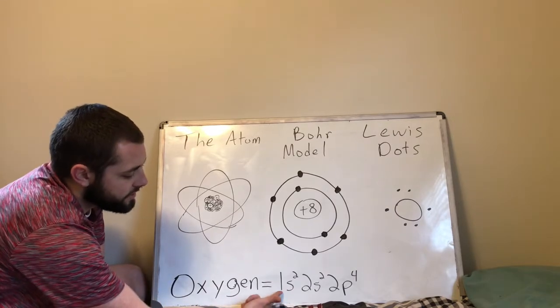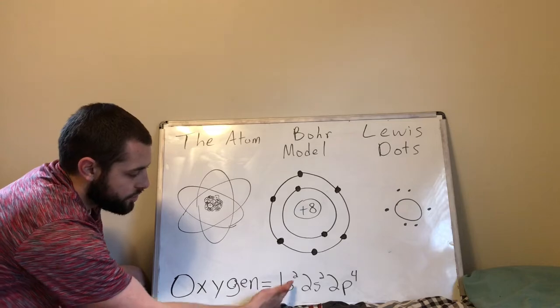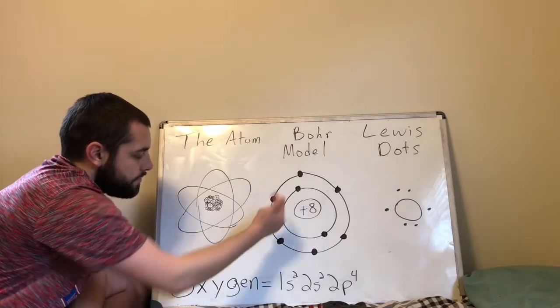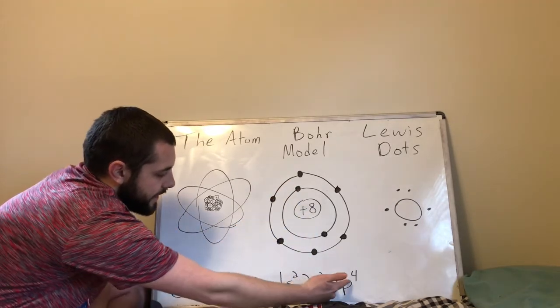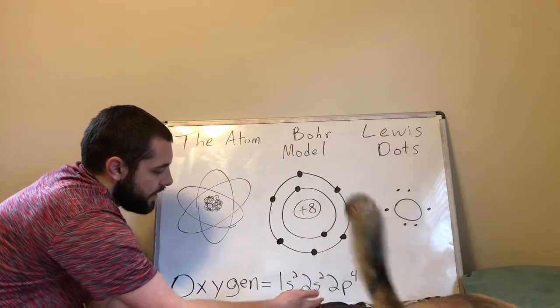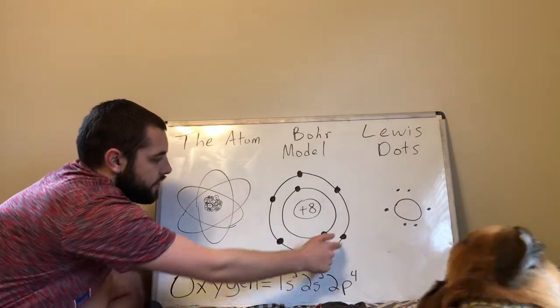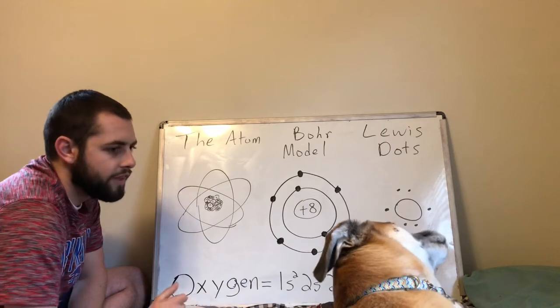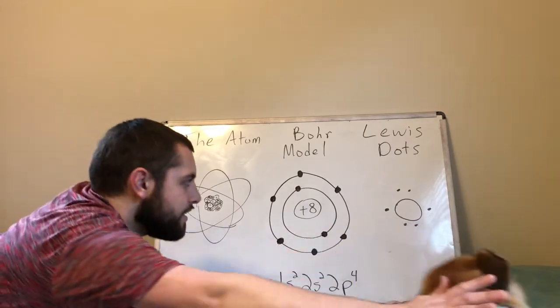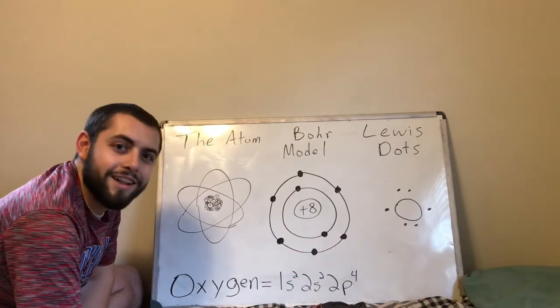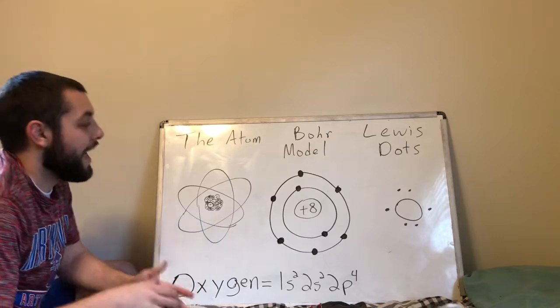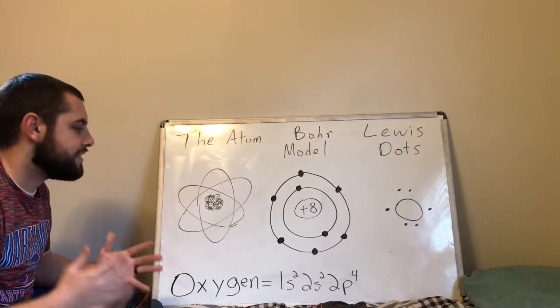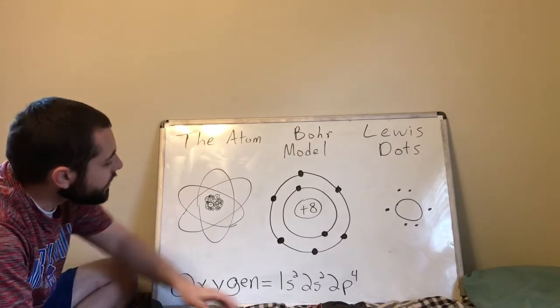Oxygen has electrons in the first energy level, but just 2, these ones. And then it has 6 electrons in the second energy level. Those are these ones in this second energy level. And remember that we call those valence electrons. The ones on the outermost shell are the valence electrons.